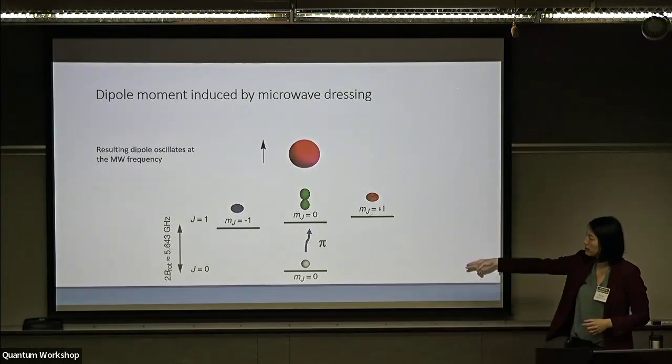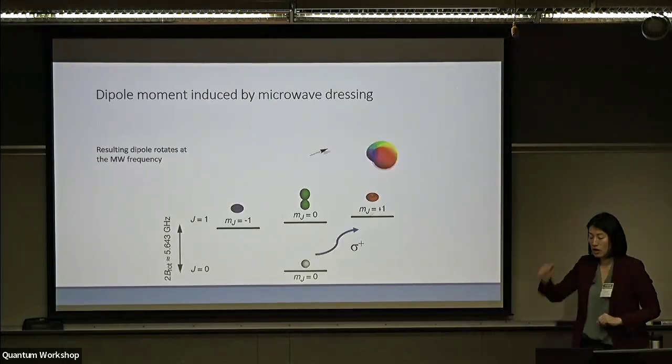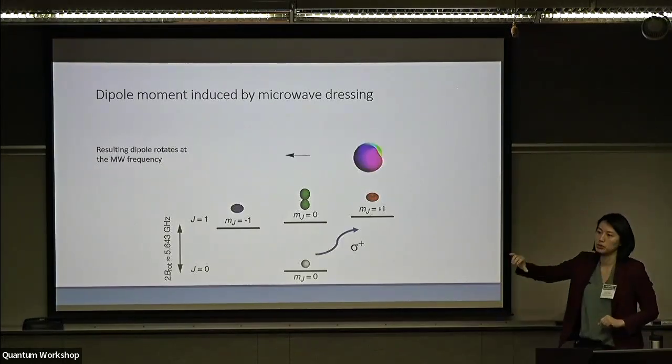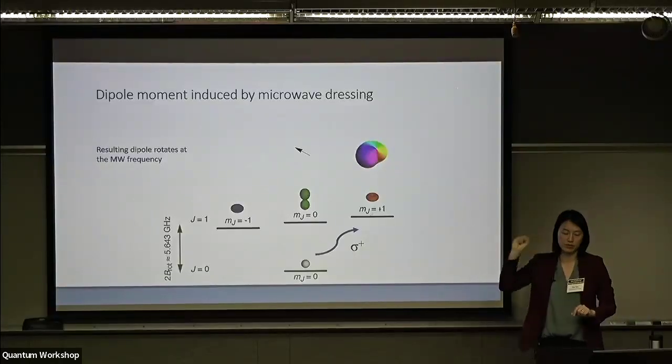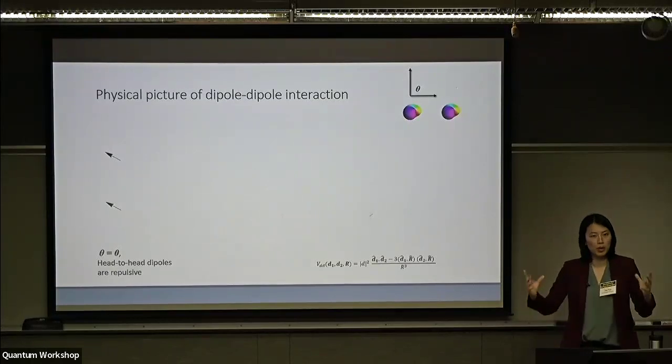This is like combining an s and a p orbital. It's exactly the same as your undergrad quantum mechanics. But if you apply a circularly polarized microwave and couple to another state, you get this kind of rotating peach in the lab frame.